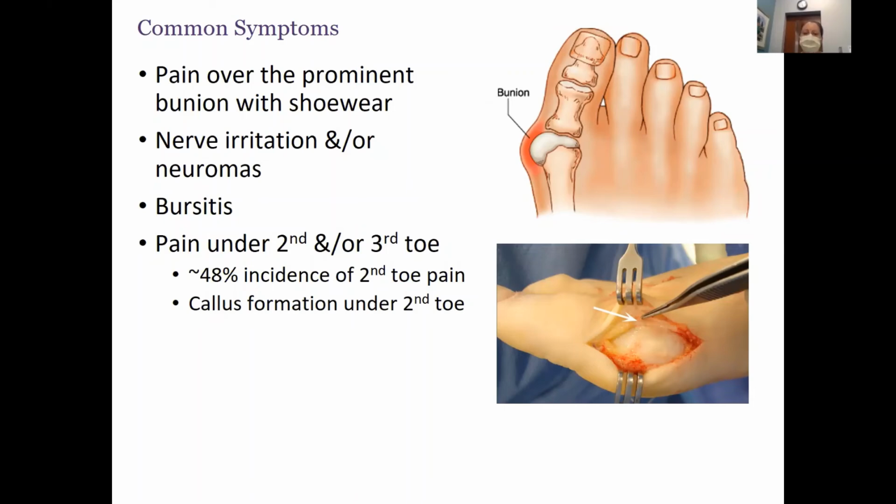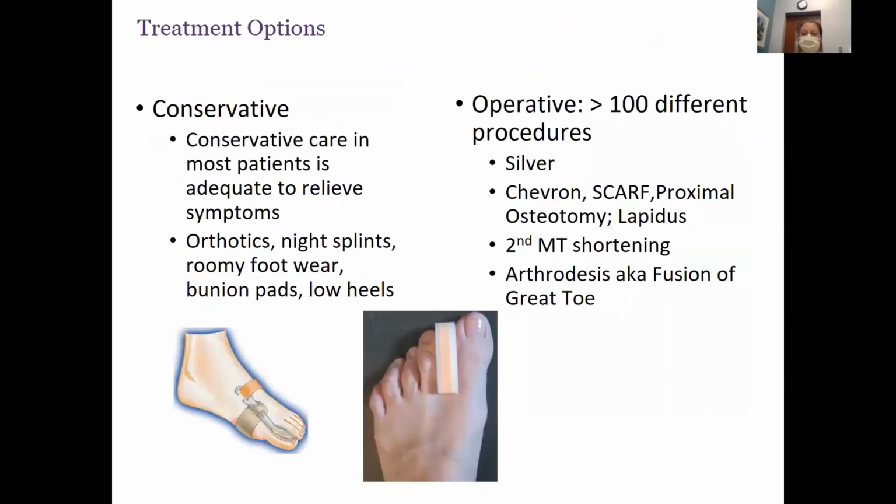Sometimes it can cause nerve irritation, or you can get inflammation of the bursa in and around the bunion itself. It can also cause pain underneath your second and third toes. We see about 50% of the time it can cause a callus or pain specific to that second toe, just because you're walking differently, and to offload that bunion, you're putting more pressure on the other areas of the foot. So conservative care is key.